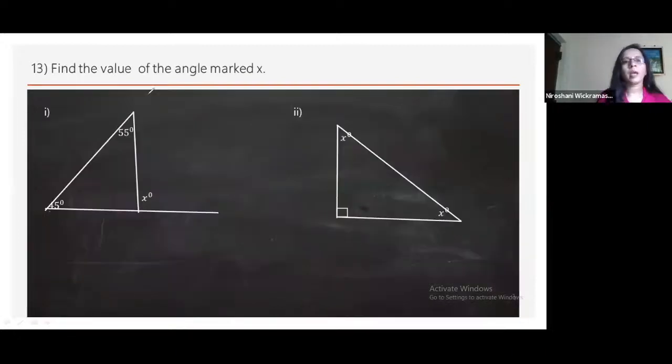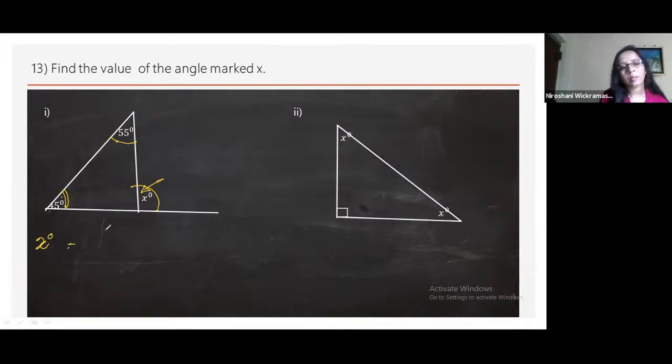Angle mark x. Can you remember the formula? Exterior angle is this. Two interior opposite angles are here. Then what is the formula we can write? Exterior angle equals the sum of two interior opposite angles.